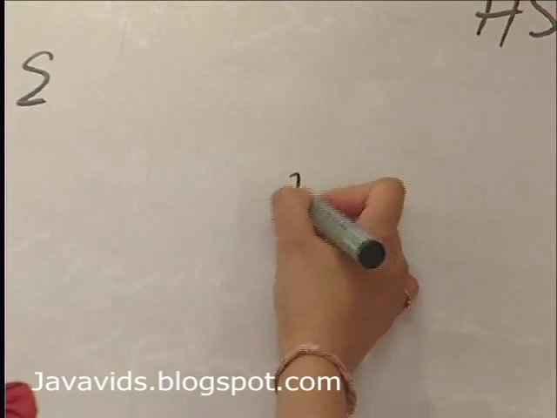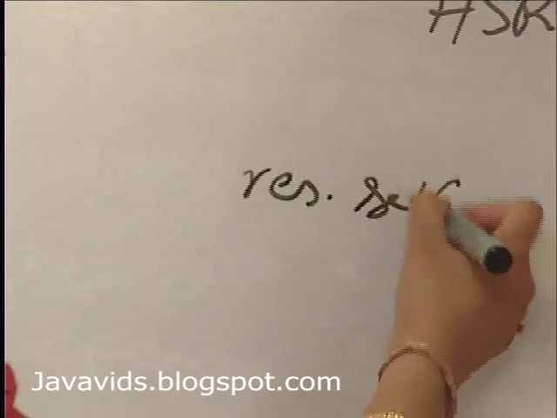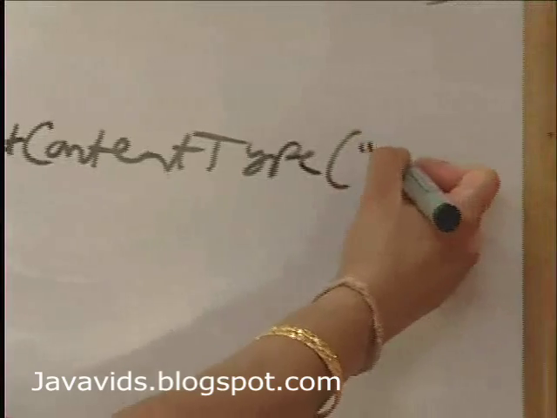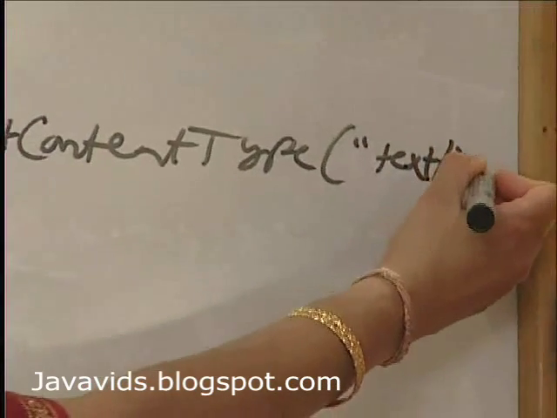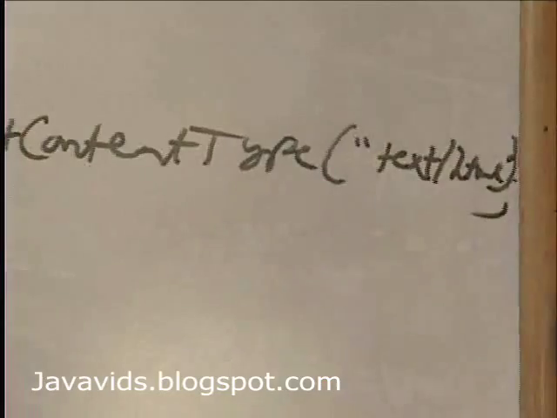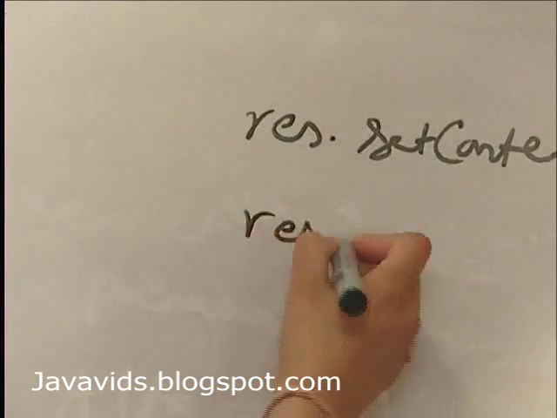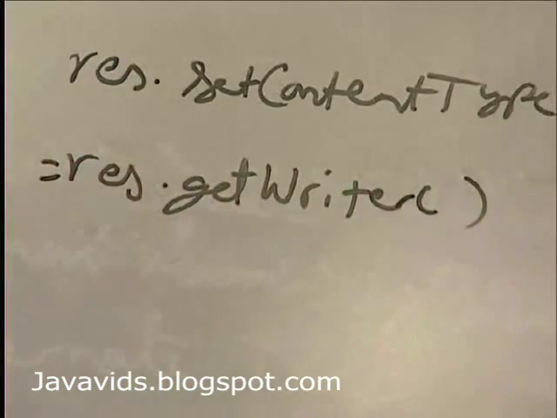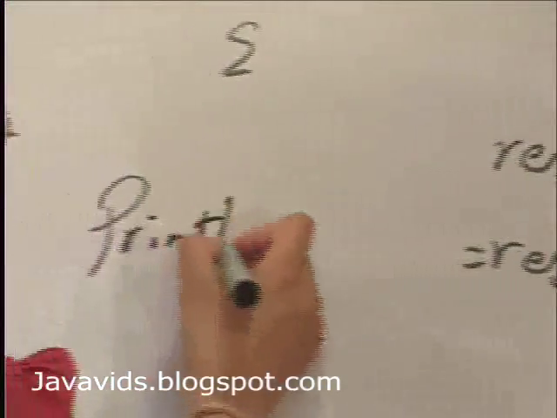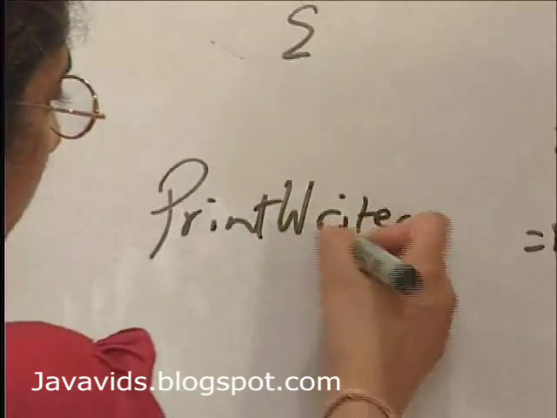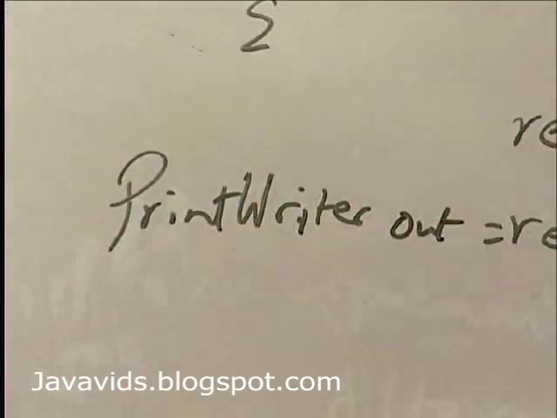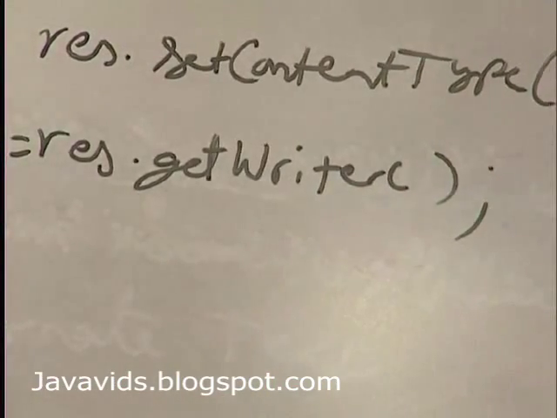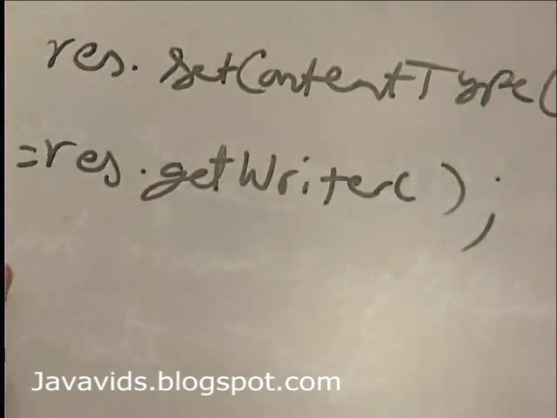Here you have your response.setContentType text/html, response.getWriter, a PrintWriter object, and probably you do some sort of processing here.